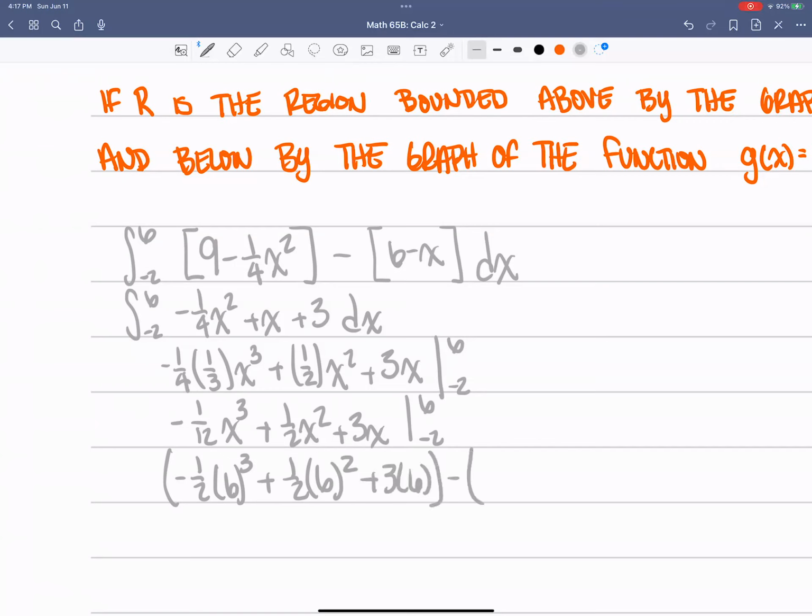And we're subtracting, evaluating at -2. So we have -1 over 12 times -2 cubed plus 1/2 times -2 squared plus 3 times -2.